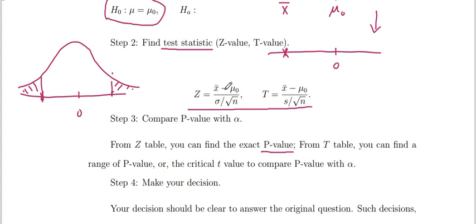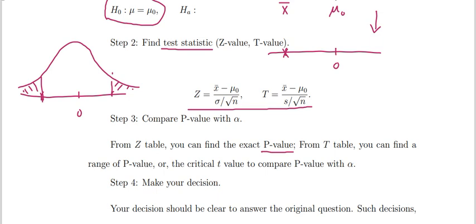If this is standard normal, then we can find the exact probability. If there's a t value, then from the t table we maybe cannot find the exact p-value. We can only say the p-value is in some range, because the t table gives us only some cutoff points.